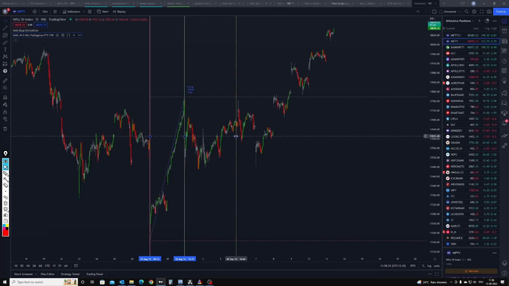So remember, we are taking this much swing. This is the swing that we are taking into consideration, which is like the first impulse swing. This is the entire move and this is the first impulse.